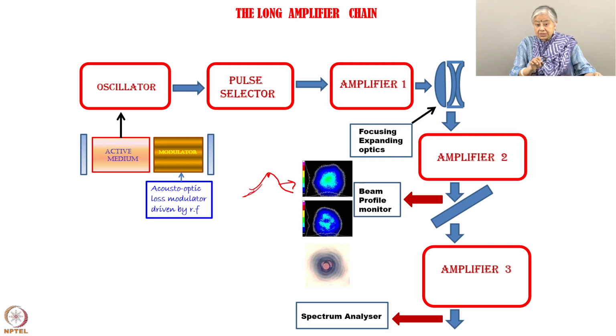Now, if the wings are reaching the saturation point, the part of the pulse cross section in the wings is extracting much higher energy than the center. The center part will reach the saturation energy first, and the wings will still be extracting.